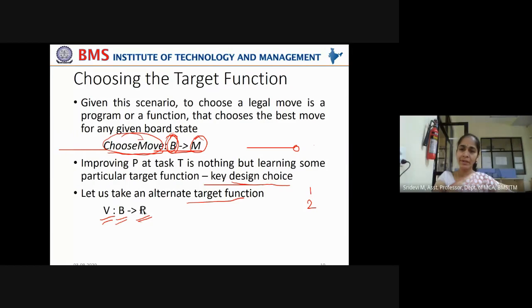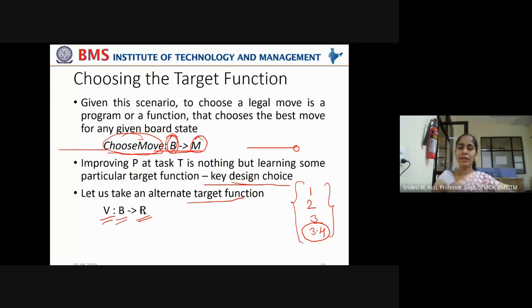Now I'm giving it a number 1, means that is not that optimal a move. That is a valid move, but may not be an optimal move to win the game. Okay, now you have another number 3. Now you have another number 3.4. Now among all these moves, which move would turn out to be the best move? Obviously this move. Why? Because it is given a larger value.